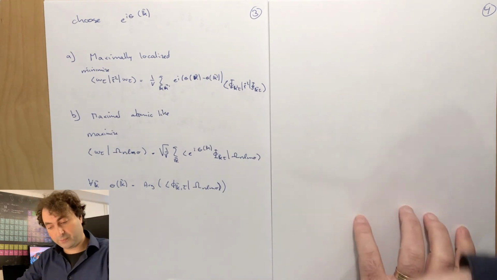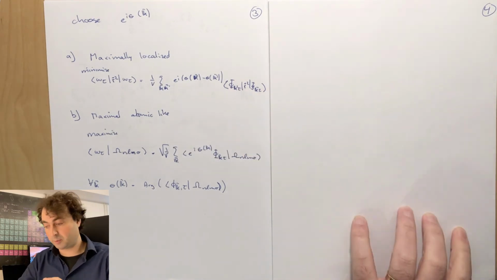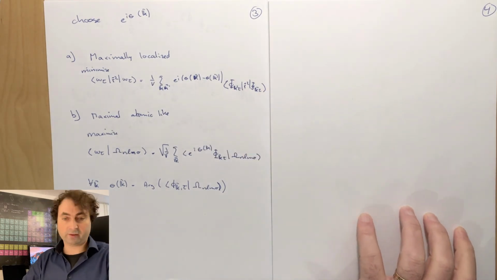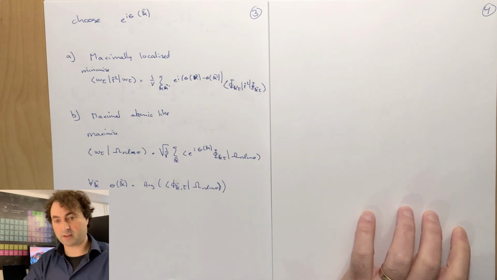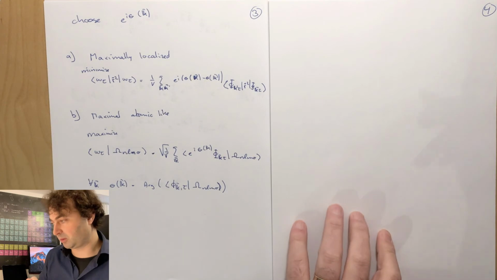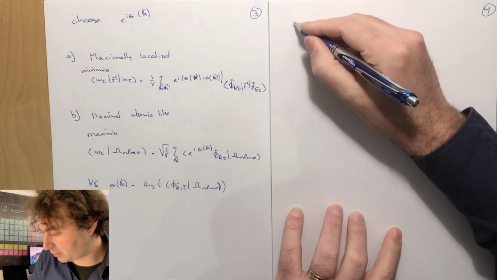Now, the reason that I prefer the Wannier functions over a set of atomic orbitals has to do with the fact that the Wannier functions form an orthonormal basis set, whereas the atomic orbitals do not. So let me prove that the Wannier functions are orthonormal.